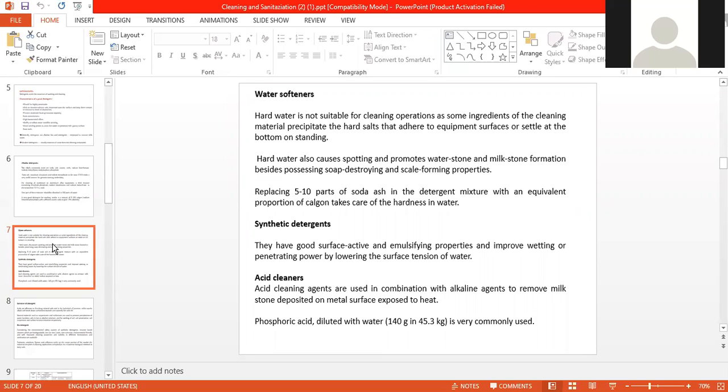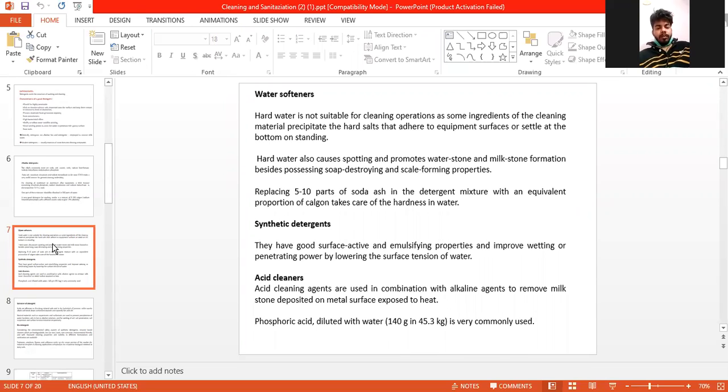Hard water also causes spotting and promotes water stone and milk stone formation, besides destroying soap and scale-forming properties. Replacing 5 to 10% of soda ash in the detergent mixture with an equivalent proportion of Calgon takes care of the hardness in the water.